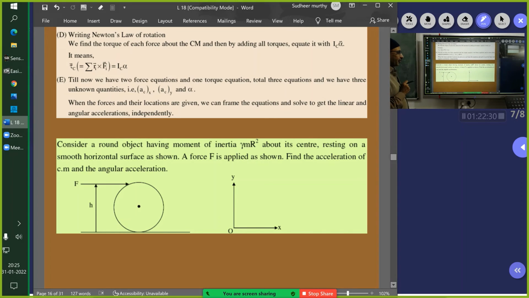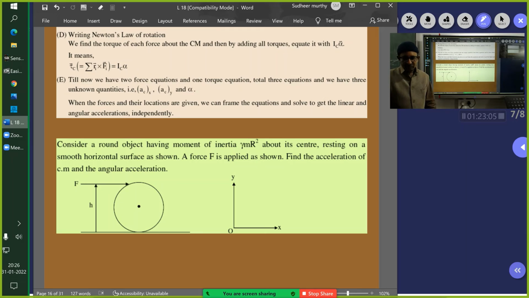The moment of inertia they have told. One doubt: that radius is R, should we take it as R? The radius for that round object. The inertia they have told is gamma m r square. So you take the radius as r, otherwise you can't do.